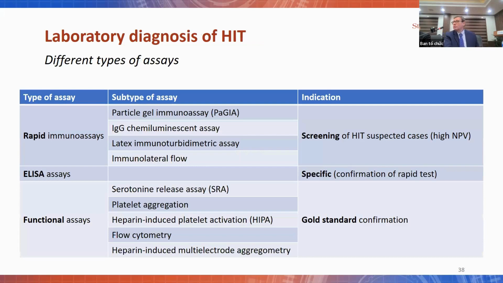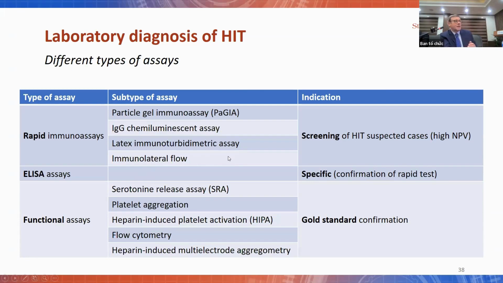So now, how do we do the diagnosis of HIT from a laboratory perspective? First, we have rapid assays, which are rapid immunoassays. These different assays are described here. You have particle gel immunoassay, chemiluminescent assays, immunolateral flow, and latex immunoturbidimetric assays.